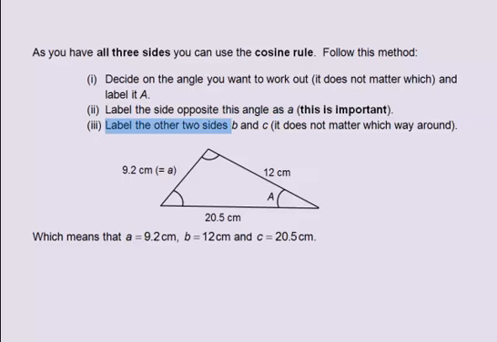Label the other two sides lowercase b and lowercase c. It does not matter which way around, like this. Which means that lowercase a equals 9.2 centimetres, lowercase b equals 12 centimetres, and lowercase c equals 20.5 centimetres.